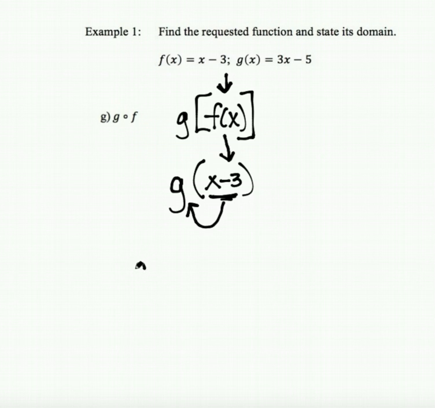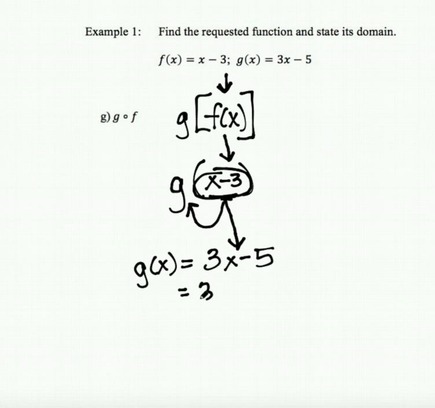Okay, so again, here's my g function. G of x is equal to 3x minus 5. So what they want me to do is take this x minus 3 and plug it right there for the x. So that's going to leave me with 3 times, I'm going to take the x out and put the new stuff in, put x minus 3 in, minus 5.